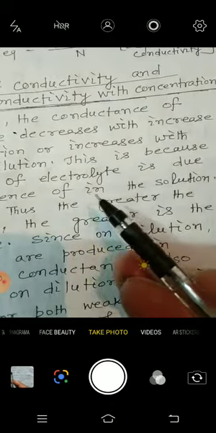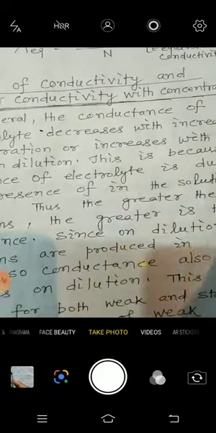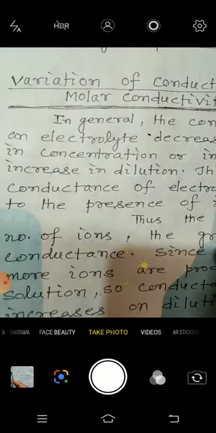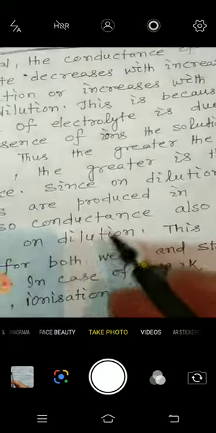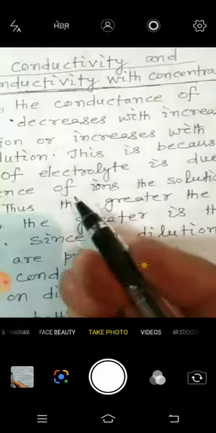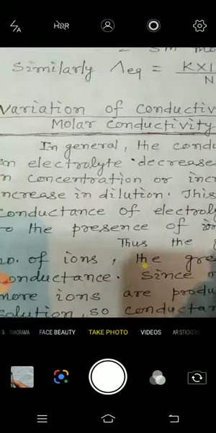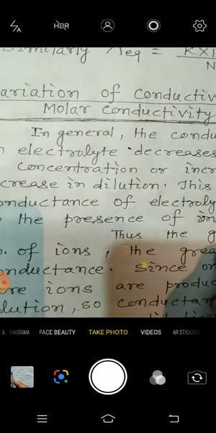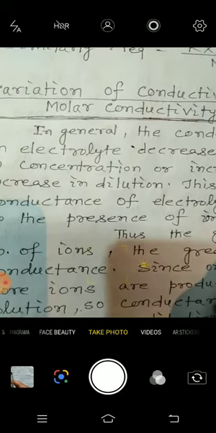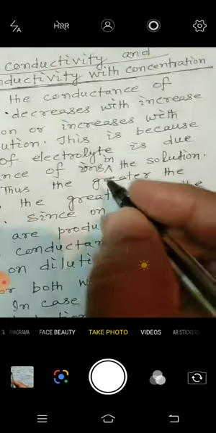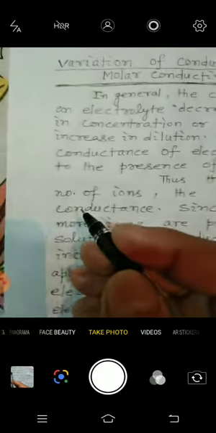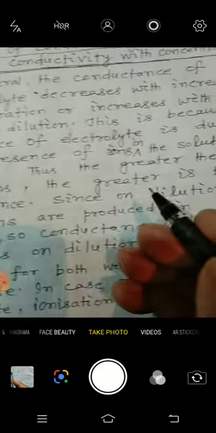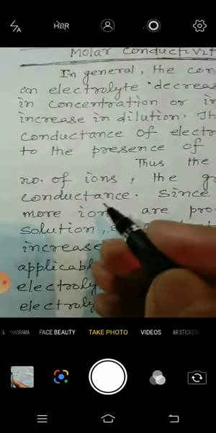Thus, the greater the number of ions, the greater the conductance.